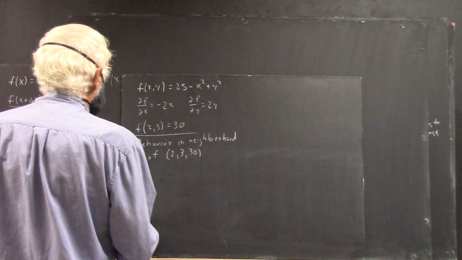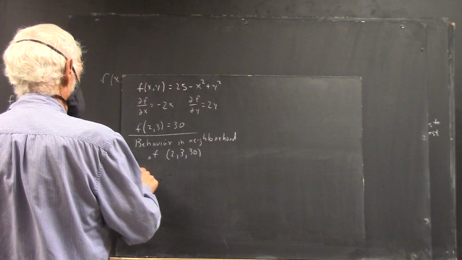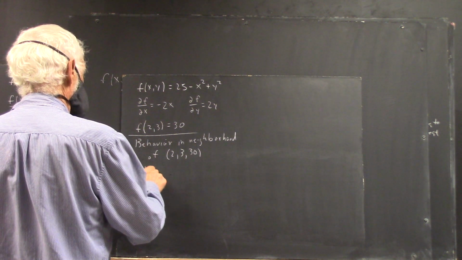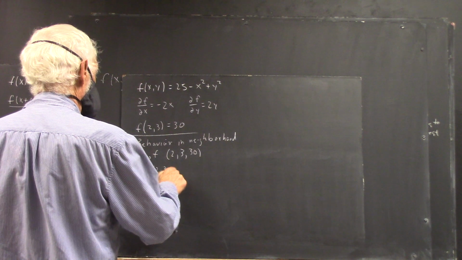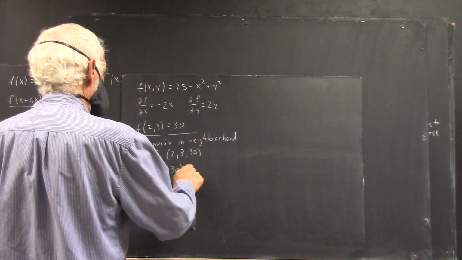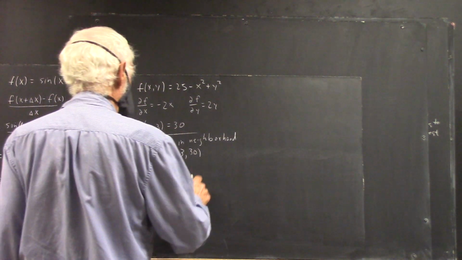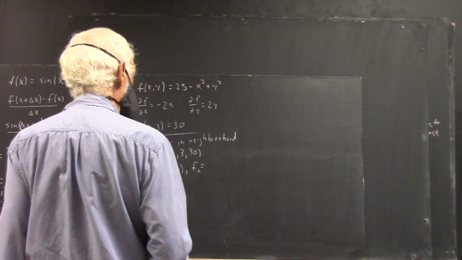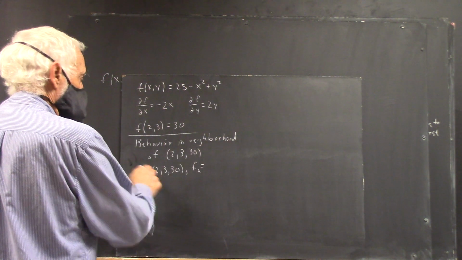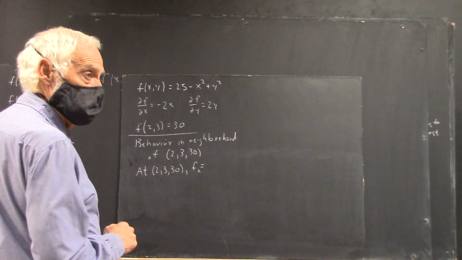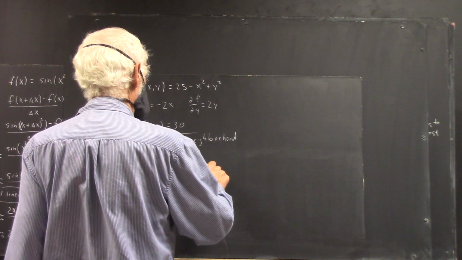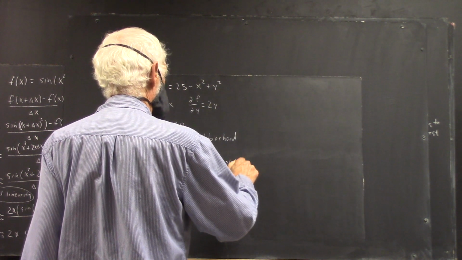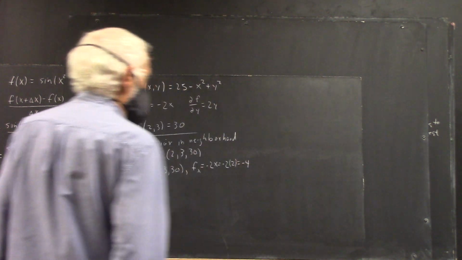So, at (2, 3, 30), partial of f with respect to x, well, it's negative 2x. X is 2, right? What does this mean?